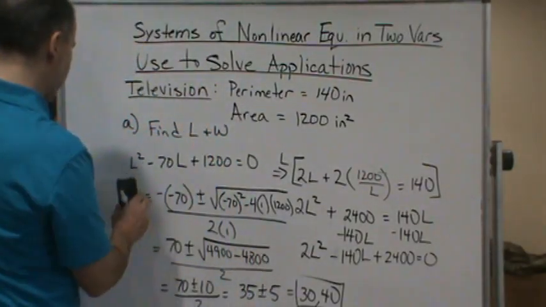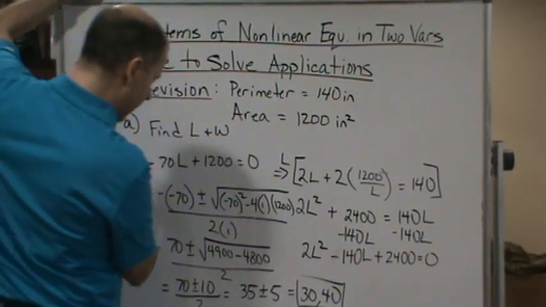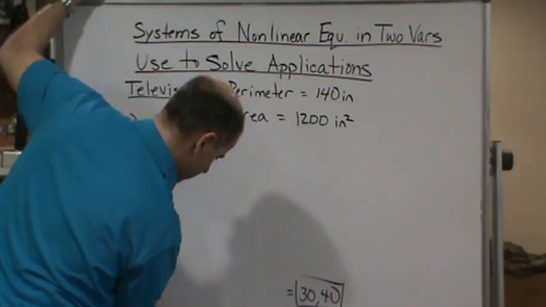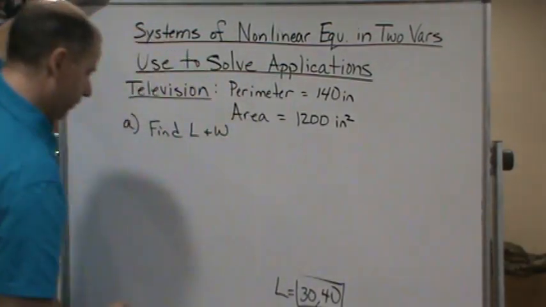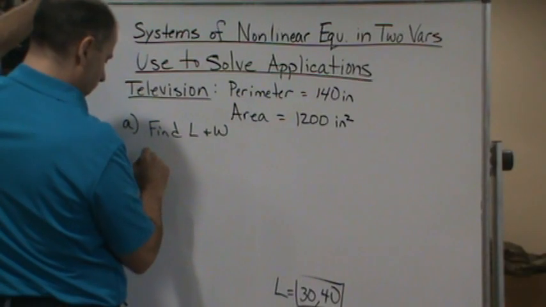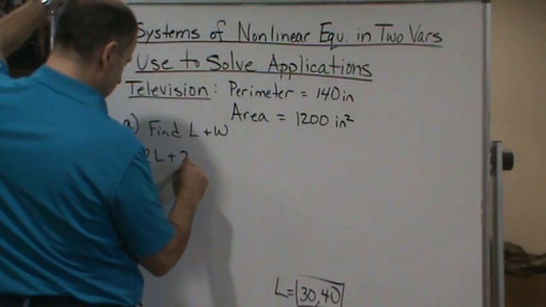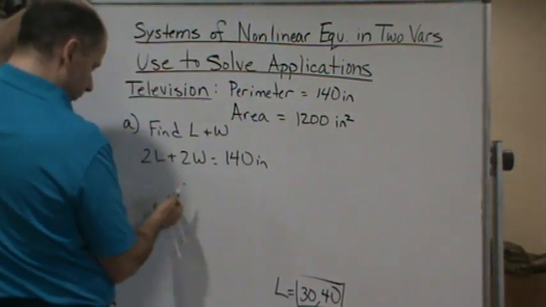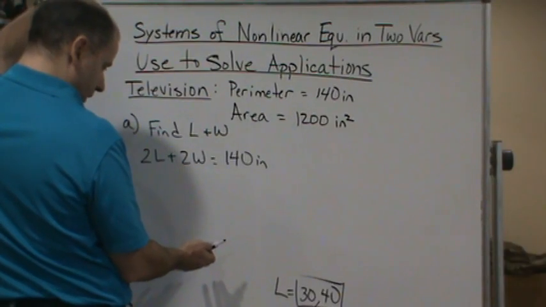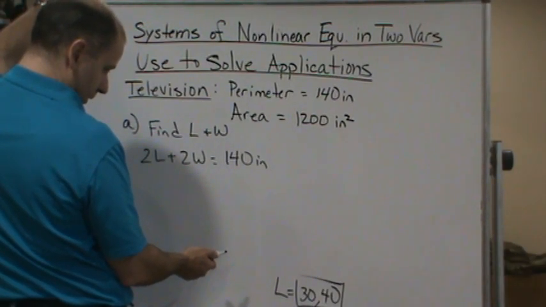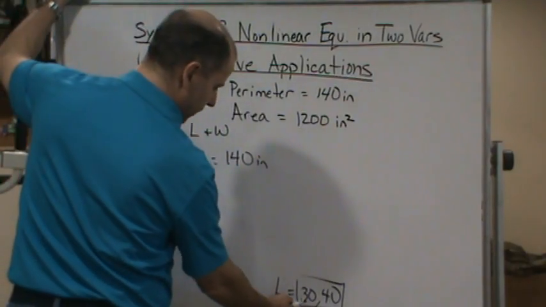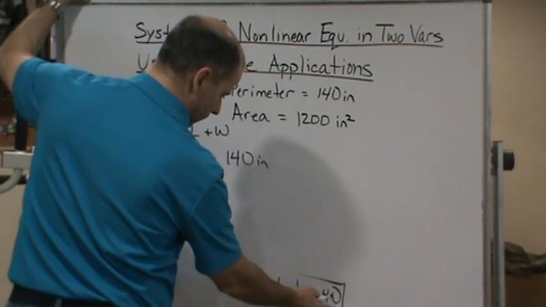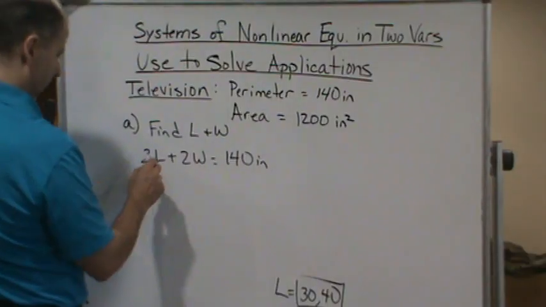Now I can go back and solve for the other one. Remember, the perimeter, 2L plus 2W, equals 140 inches. It either has to be 30 or 40, because if L is 30, then the width is 40, and if L is 40, then the width has to be 30. Watch.